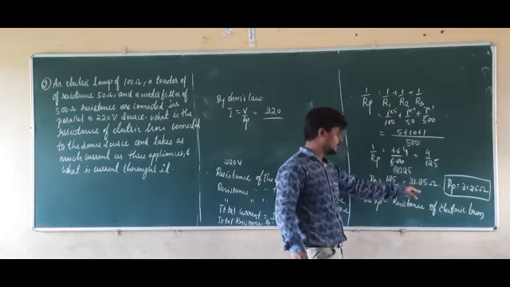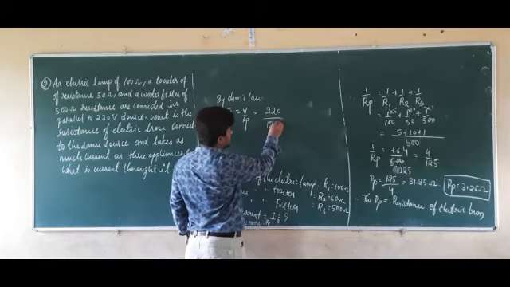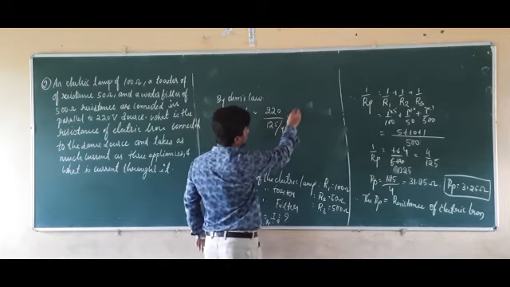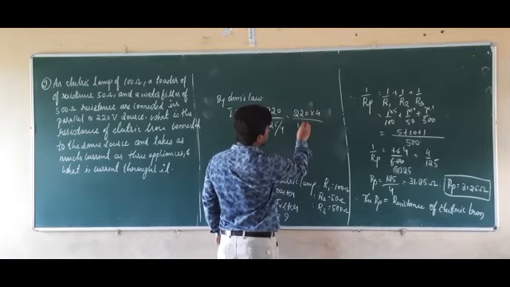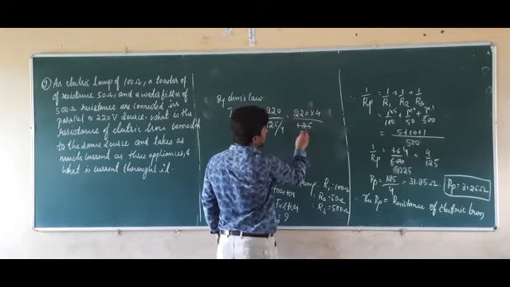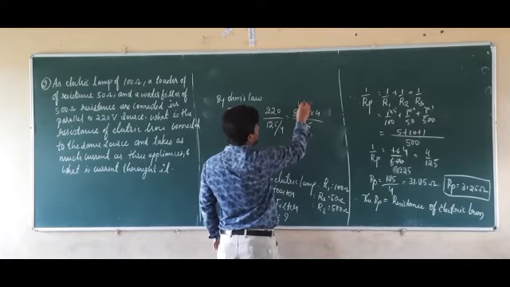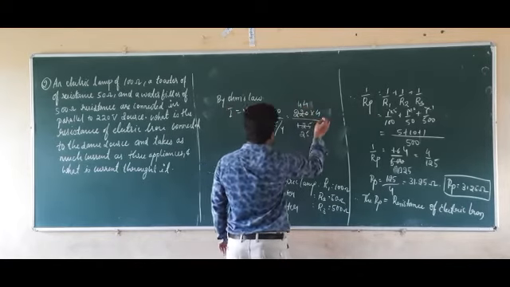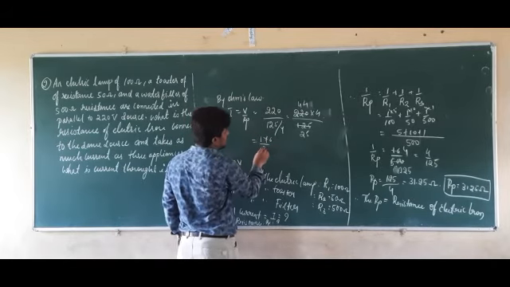Instead of 31.25, I am going to take it as 125 divided by 4. So it is 220 into 4 divided by 125, which is equal to 176 divided by 25.